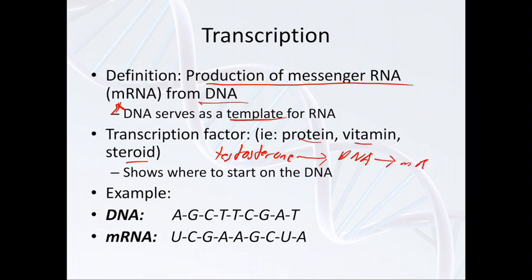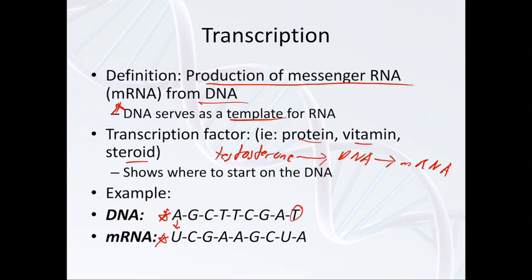Okay, so that's going to bind to that DNA and then form messenger RNA. And so the example in using this DNA as a template to make this messenger RNA, right? We take the complementary bases of the DNA in the form of RNA, and we bind them here, right? So A is going to go with U, and so the one difference here is that the T does not exist in messenger RNA, or in RNA, all right?